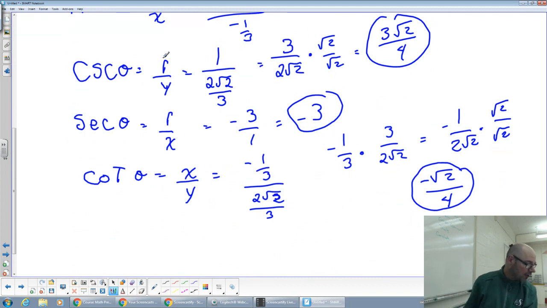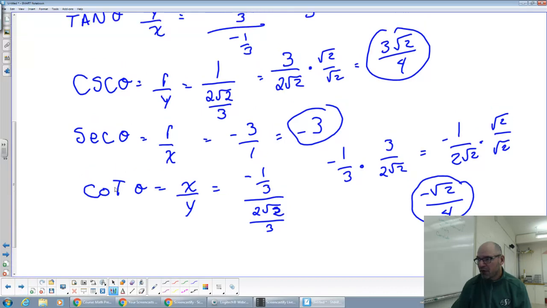Okay, the other type is to determine the exact value of a particular angle. Okay, and that's where this comes into play. So let's take a look at that generally speaking. So let's go to the next page.